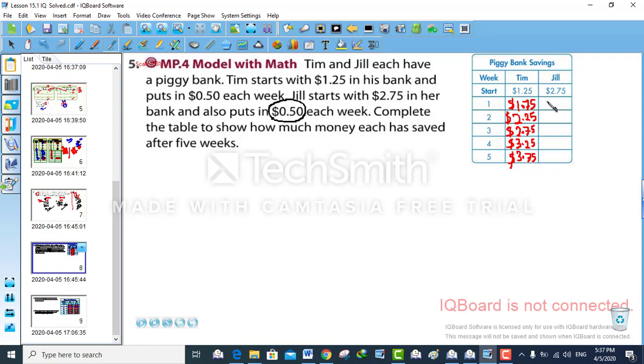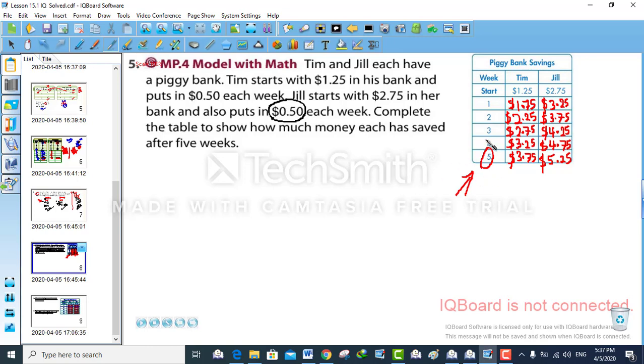This is a dollar sign, $3.25, then $3.75, then after this $4.25, then $4.75, finally $5.25. Okay, this is the 5th week.